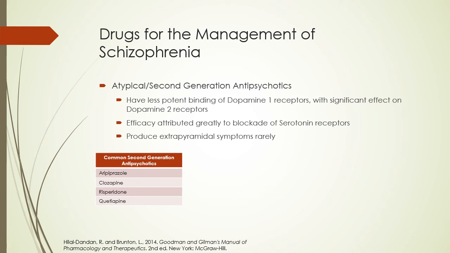So because of the decrease in neutrophils, these patients are at very high risk of infection. So as a clinical pharmacist, once you see clozapine, you should look at the complete blood count of the patient to look for low levels of neutrophils.